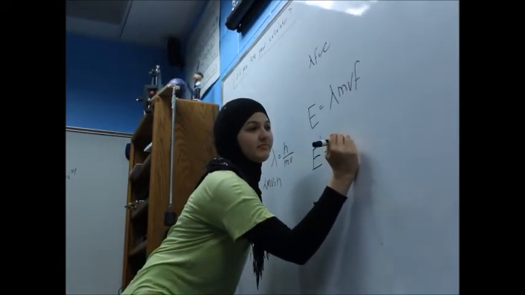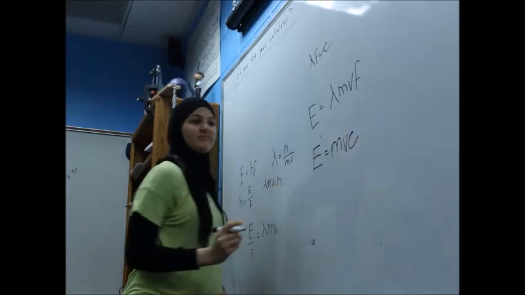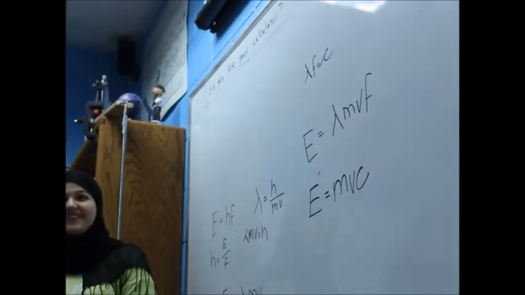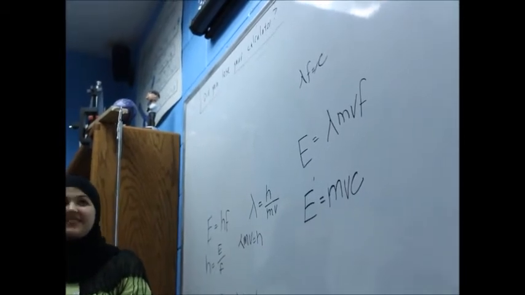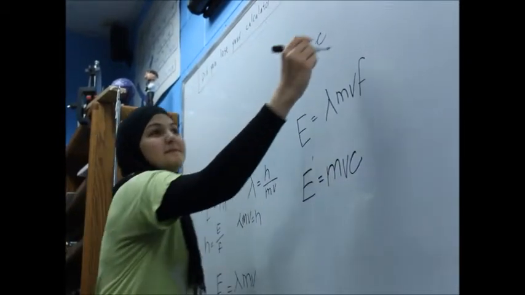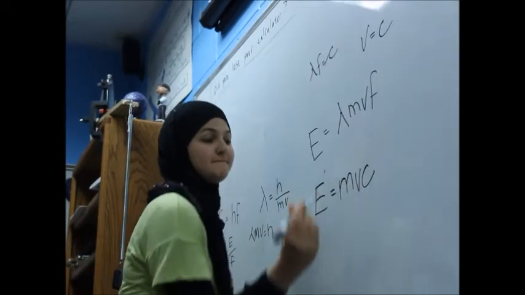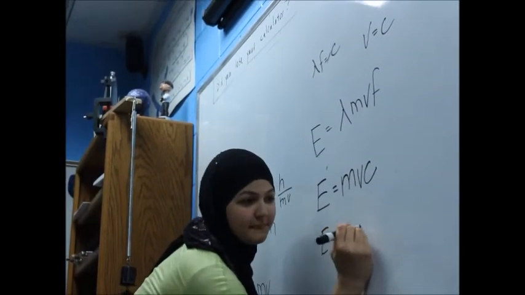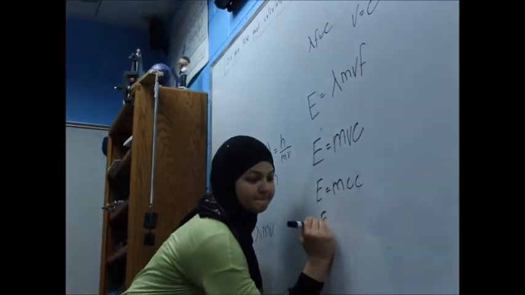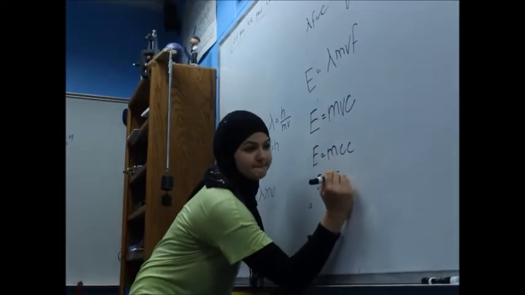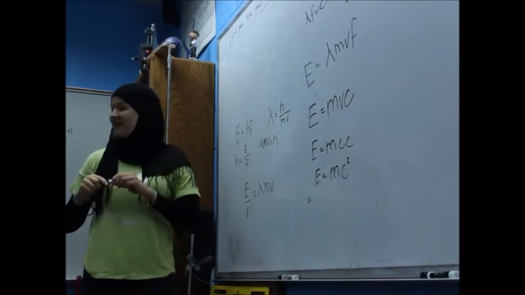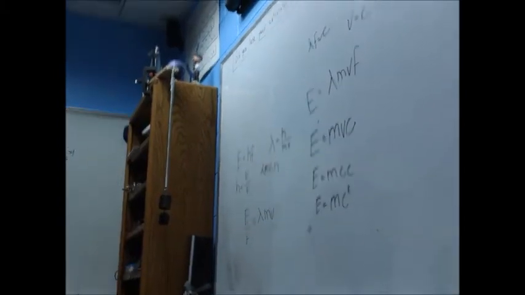Now, the v here, if this matters, if it's a wave, and so it's going to be E equals mc squared. So E equals mc squared. Yes, it was disappointingly simple, right? A little too simple.